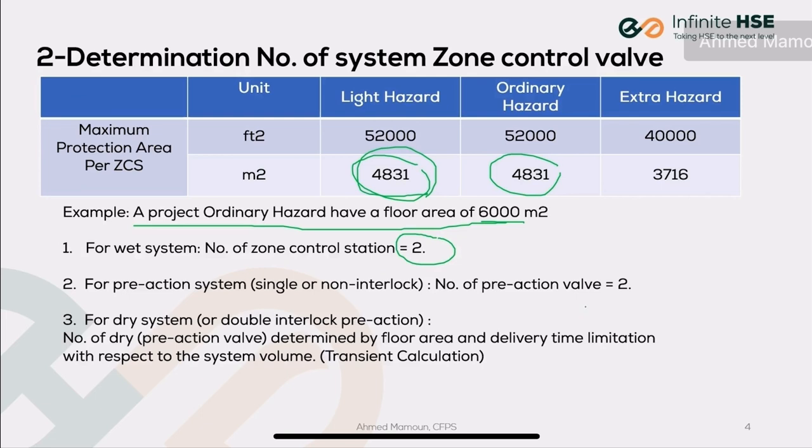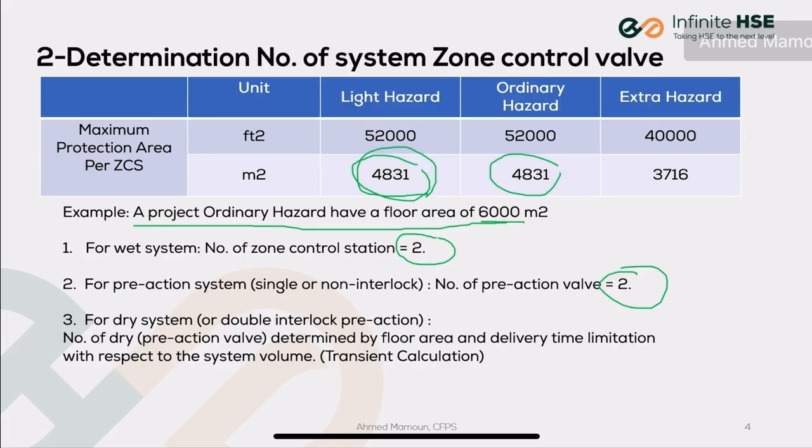The same applies to the pre-action system. But for the deluge or dry system, the number of zone control stations will depend on transient calculation and the priming time calculation. We need to calculate the delivery time from the dry valve to the farthest sprinkler to be sure that the size of the system is suitable.